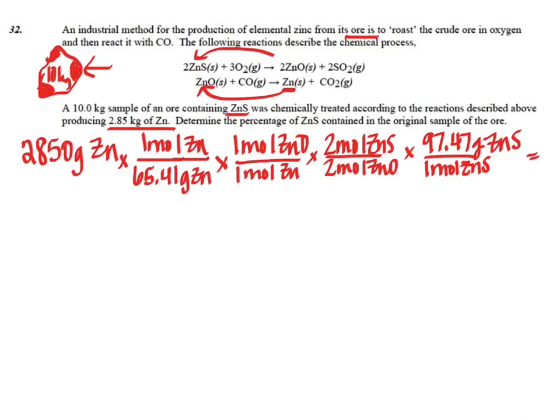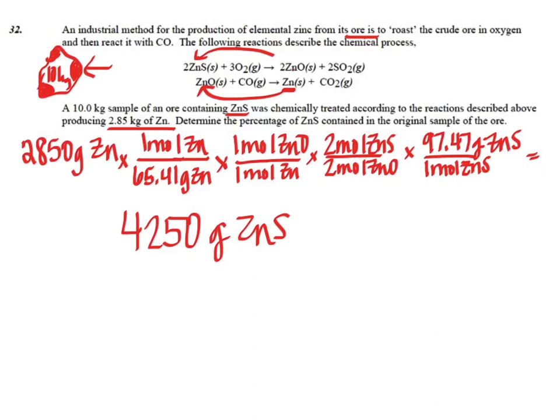So get me my answer, to 3 sig figs. I want grams. 4,250. 4,250 grams of zinc sulfide is what was in that ore.